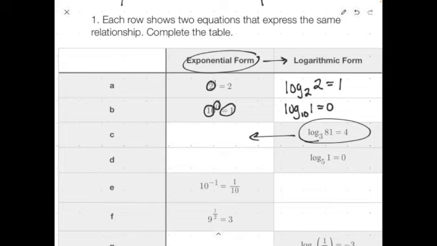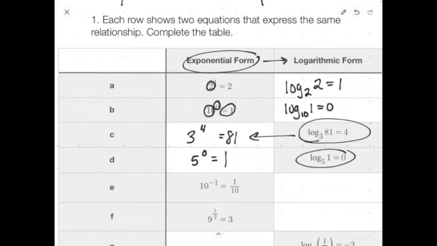So I'm told log base 3, so here's my base, of 81 is equal to 4. So I can raise 3 to the power of 4 to get 81. For D, I'm told log base 5 of 1 is 0, so 5 raised to the power of 0 is equal to 1.